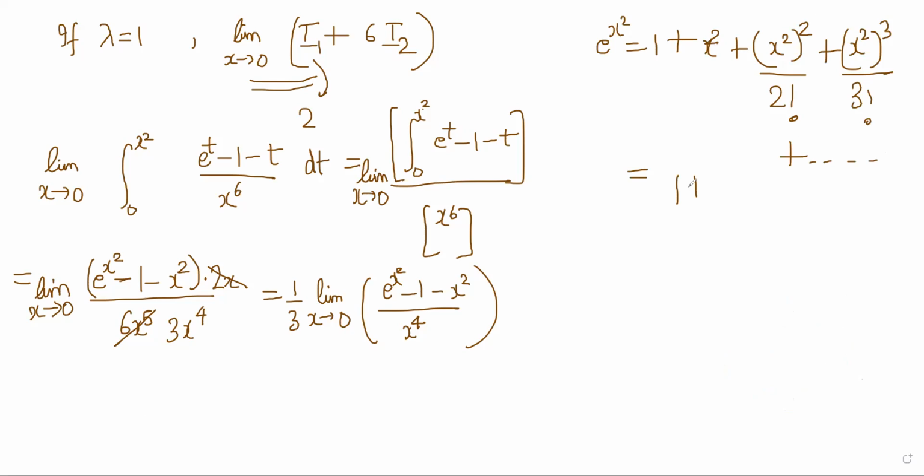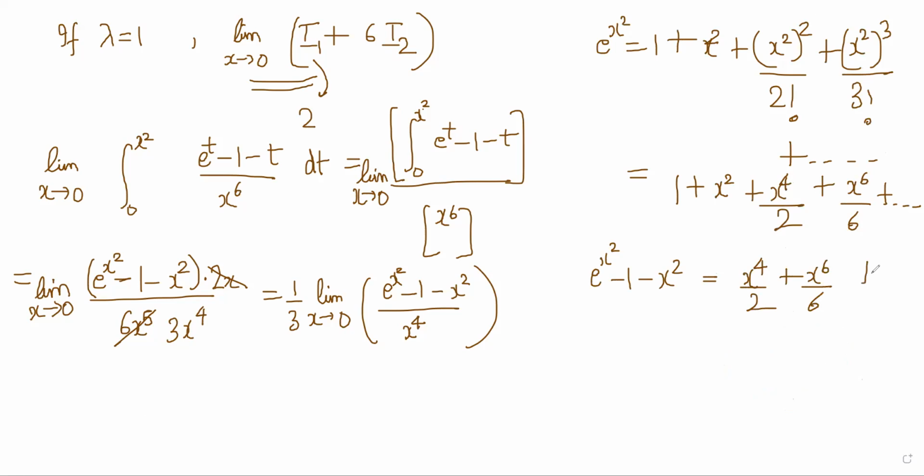So this is 1 plus x square plus x power 4 by 2 plus x power 6 by 6 and so on, right? So e power x square minus 1 minus x square will be simply x power 4 by 2 plus x power 6 by 6 and so on.